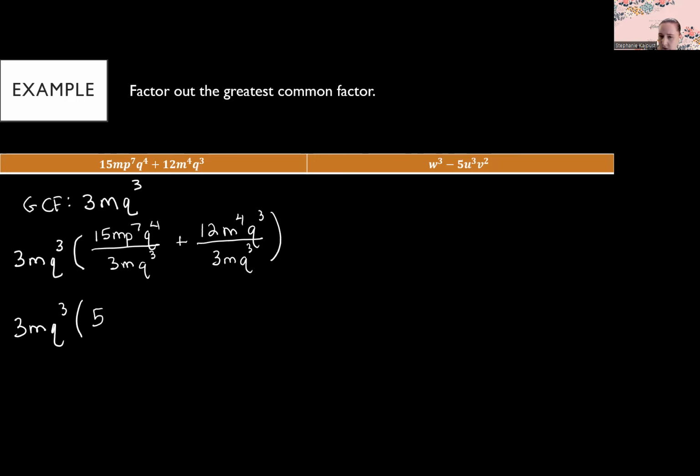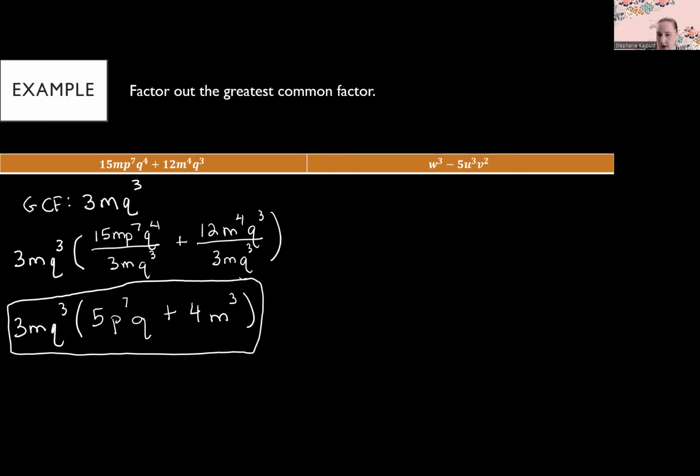The m's cancel. I have a p to the 7th. And then the q's, 4 minus 3 is 1, so I have a single q. Then 12 divided by 3 is 4. m to the 4th over m, 4 minus 1 is 3, so I have m cubed. And then the q's cancel, 3 minus 3 is 0. So you have 3m q to the 3rd times 5p to the 7th q plus 4m cubed.